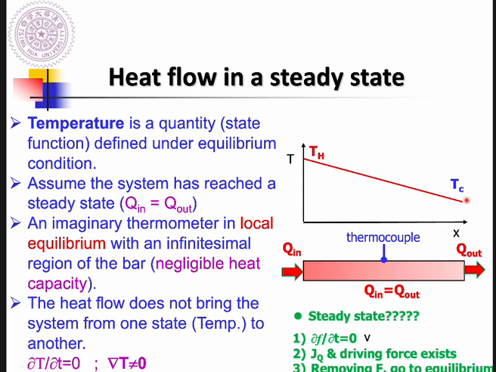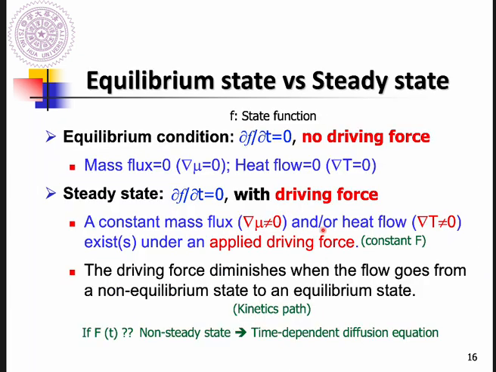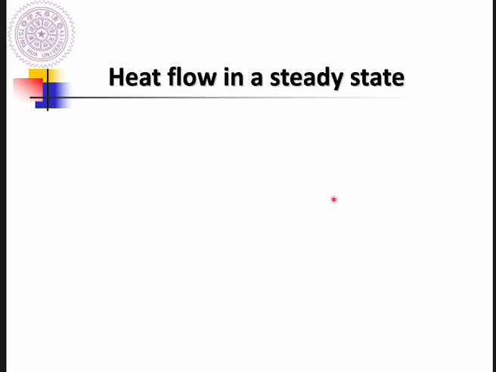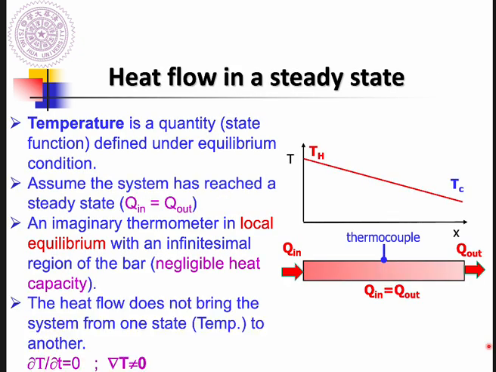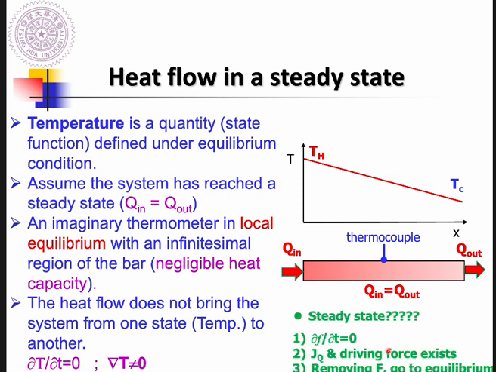So yes. And the second criterion mentioned in the previous slide is that we have a constant driving force. So we do have a driving force, the temperature gradient, and it also leads to the heat flux.